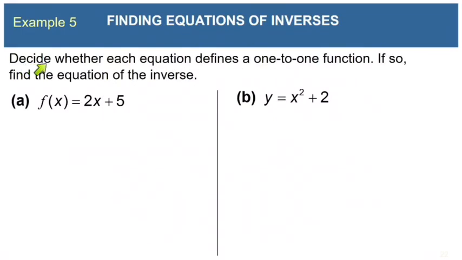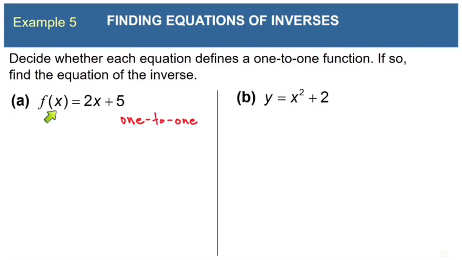So in example 5, let's decide whether each equation defines a one-to-one function, and if it does, then we'll find the inverse. Okay, here is f of x equals 2x plus 5. Well, I know that this graph is a line, and since it has a positive slope, it's increasing on its entire domain, so I can say that it's one-to-one.